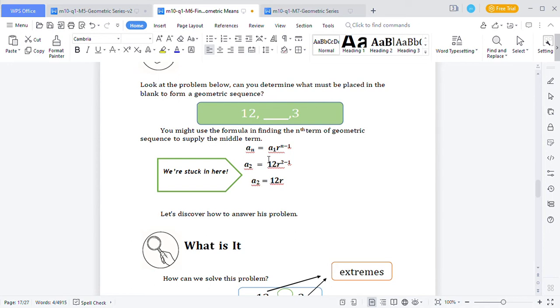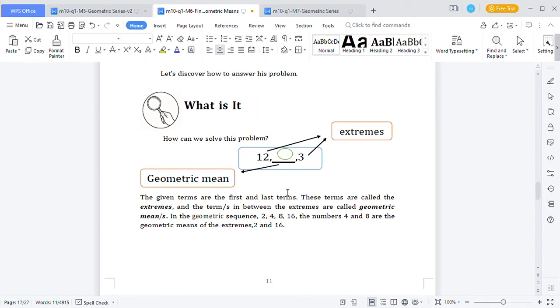So you will have to use a sub n is equal to a sub 1 times r to the power of n minus 1. But upon substituting, your first term is 12 and your r is unknown, since you cannot see your common ratio. So you have there 12r, and you don't know what it is. So you will have to discover this problem.